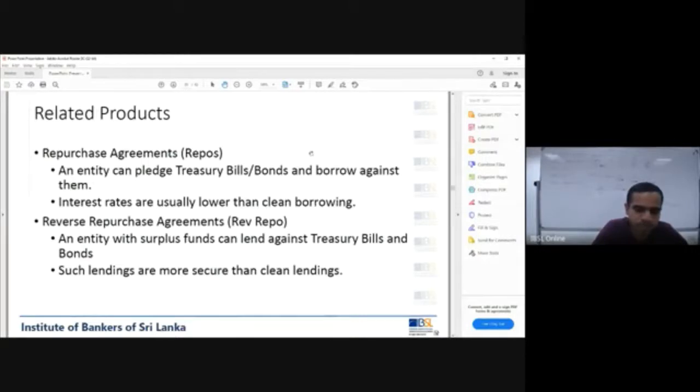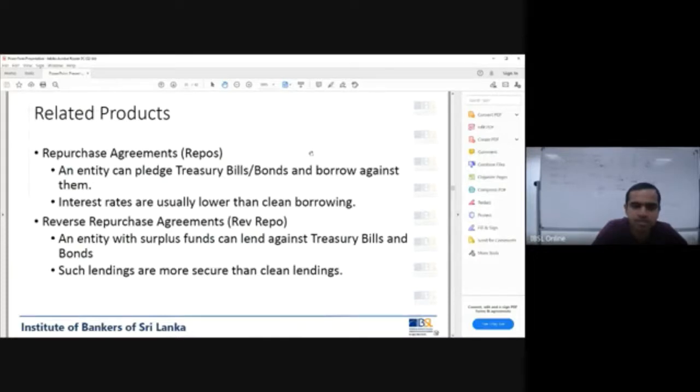In this case, the property that you bought is an asset. An asset can be pledged for a borrowing. So if you have your own treasury bills and bonds, which are your assets, you can pledge them as security and borrow against them. Right? That's called repurchase agreements or repos.